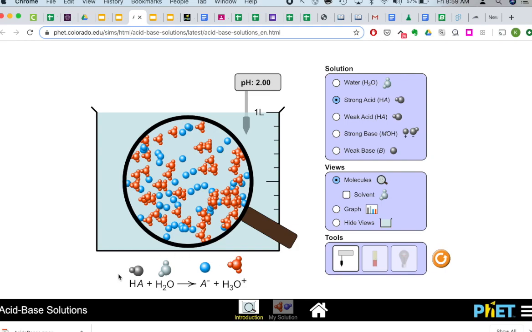Notice how many of these HAs do you actually see left in the water when it is a strong acid? Almost none, or actually I don't see any here. And what's our pH? Our pH meter tells us it's about 2.